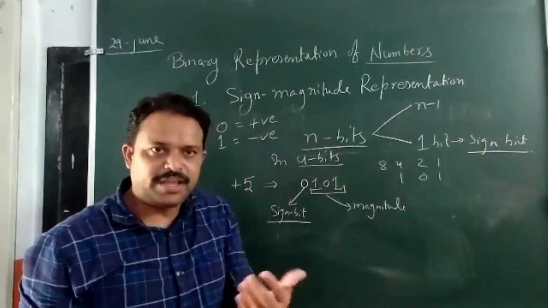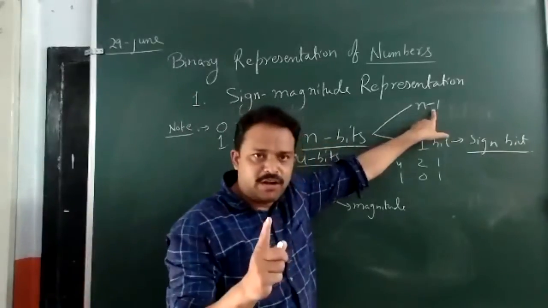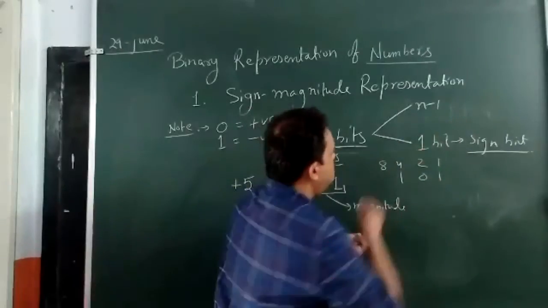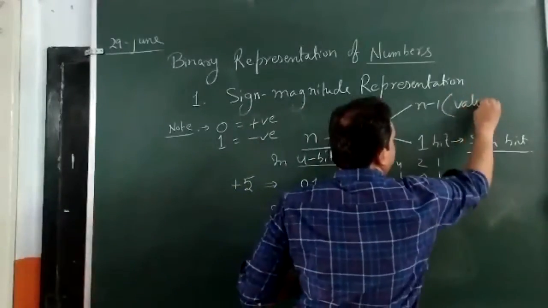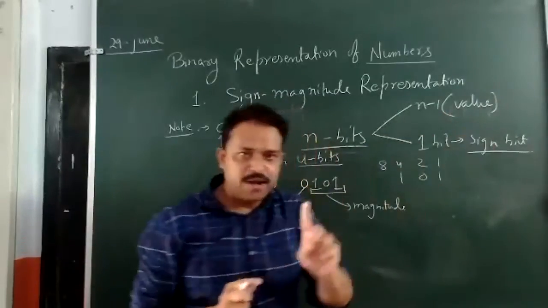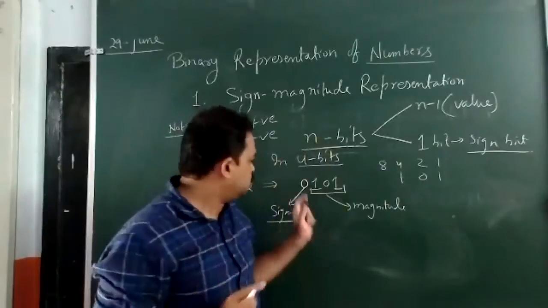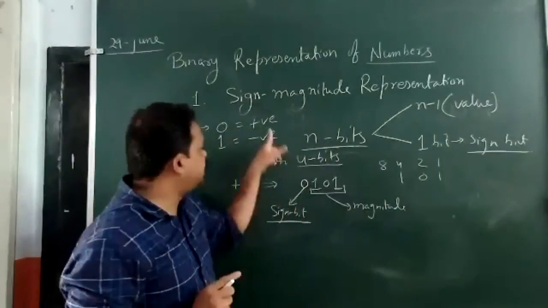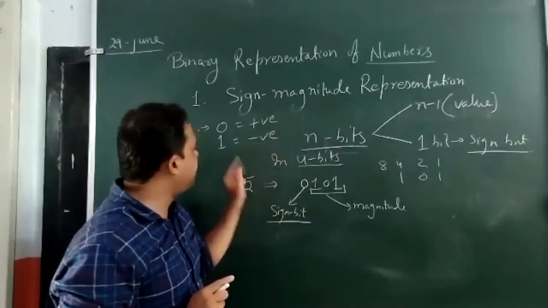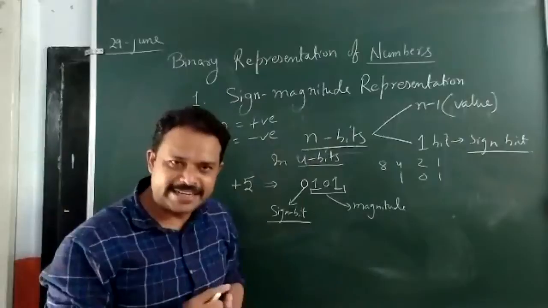Magnitude means value. N minus 1 will represent value, and 1 bit is reserved for sign. So if I write 0, that is a positive value, and if I write 1, that is a negative value.